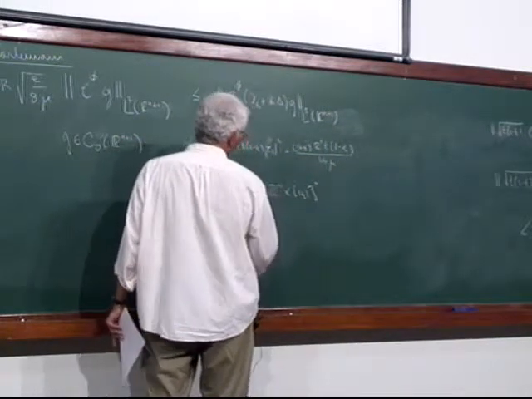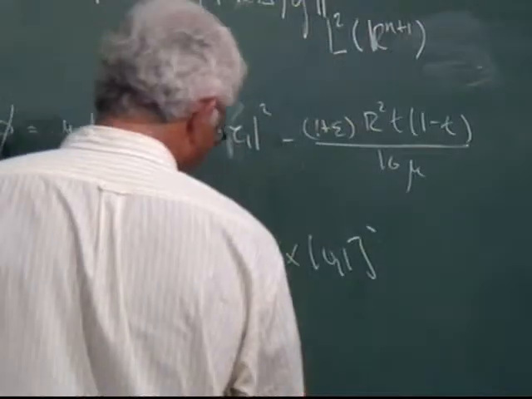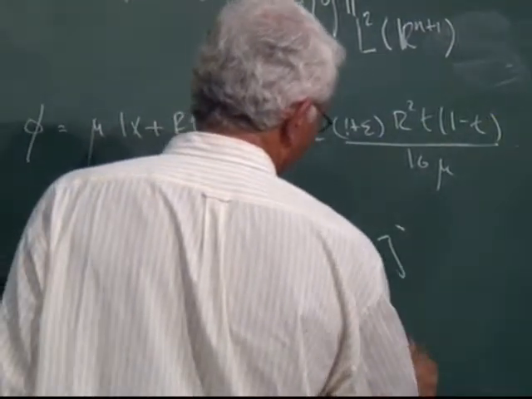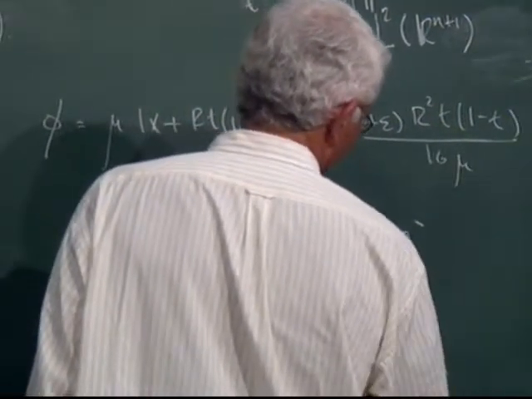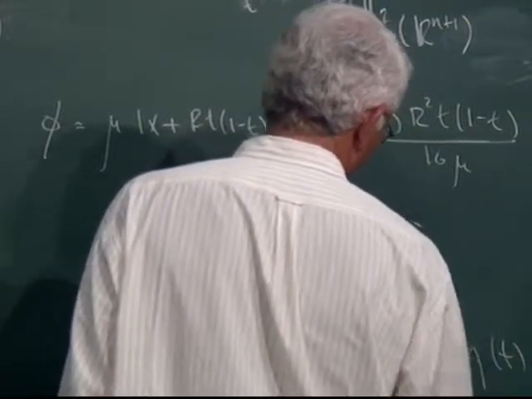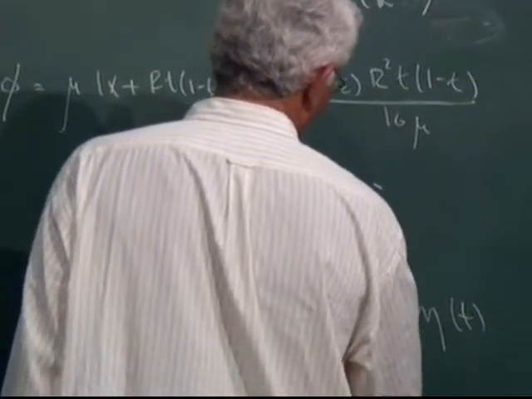Your G is going to be your U times something that is cut off in x, and something that is cut off in t.